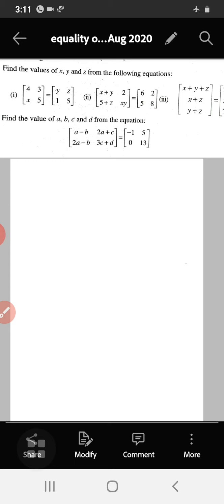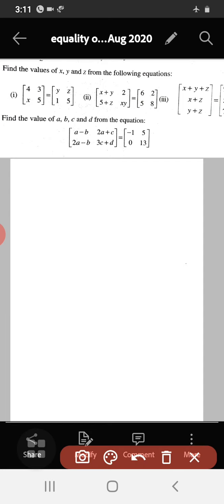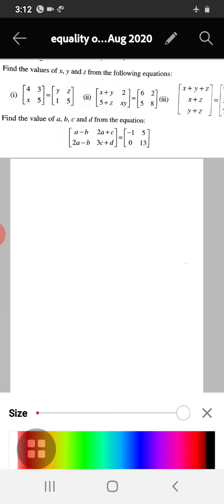In the last class regarding this equality of matrices, we have solved some examples, and so these examples are left over here. Find the values of x, y, and z from the following equations. So here three cases have been given.